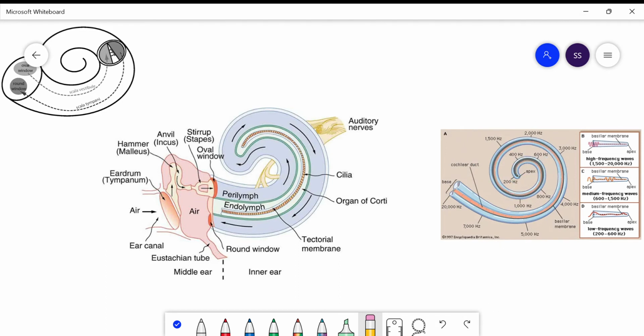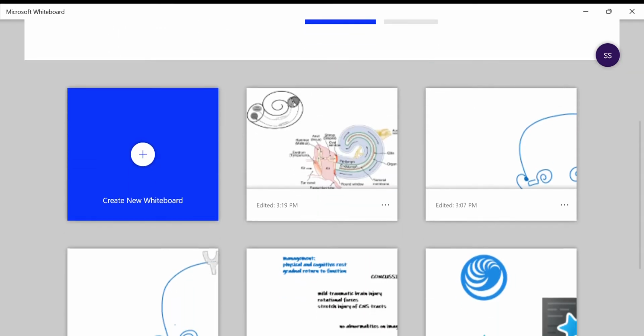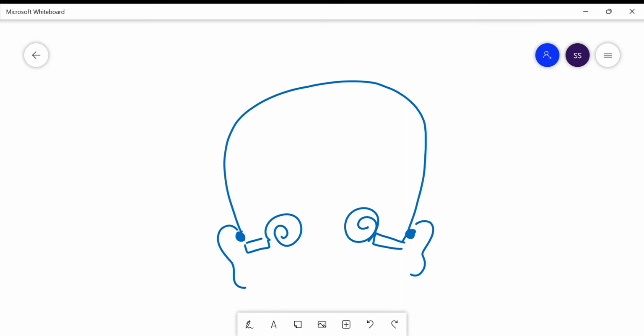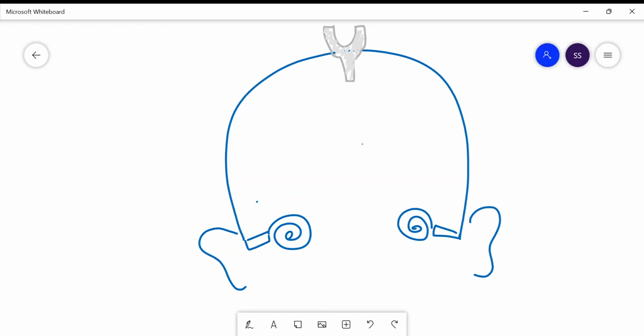You need to remember this fact for the next video, but now I'm just going to show how the Rinne and the Weber's test are interpreted. So now let's start with Weber, because that's just simpler. Let's say that this is the vertex of your head. This is the cochlea.